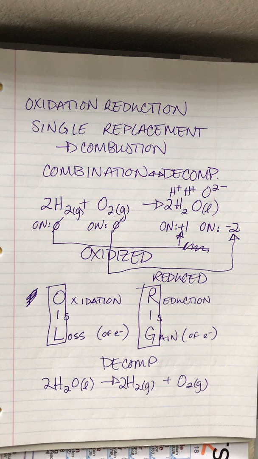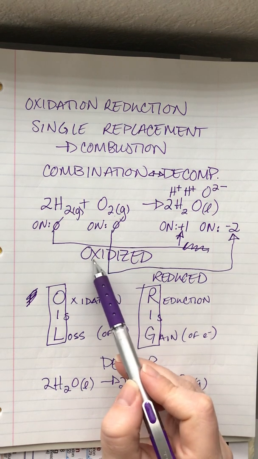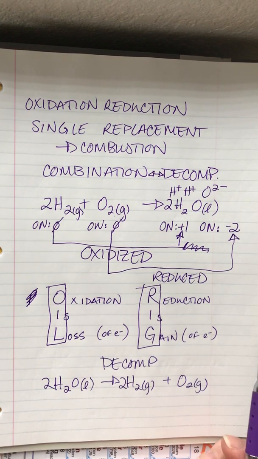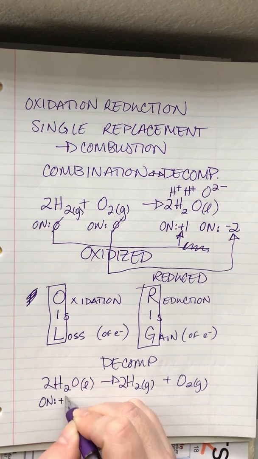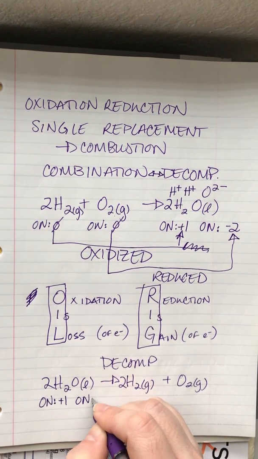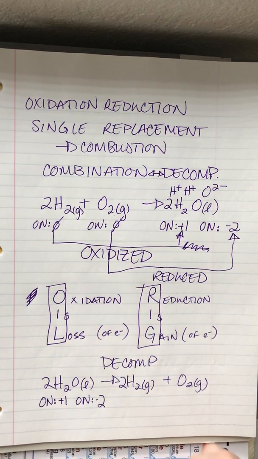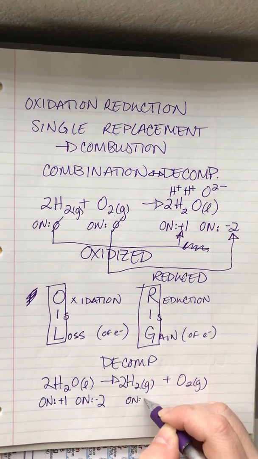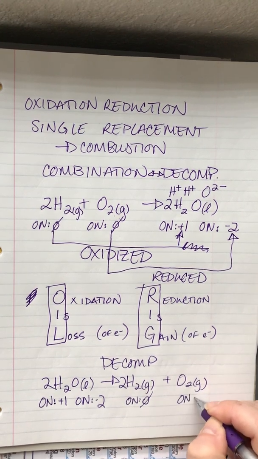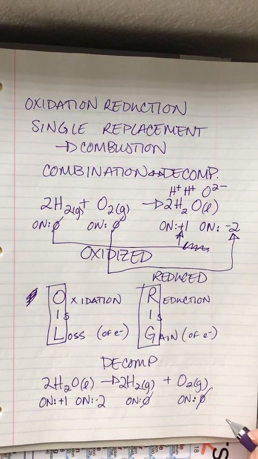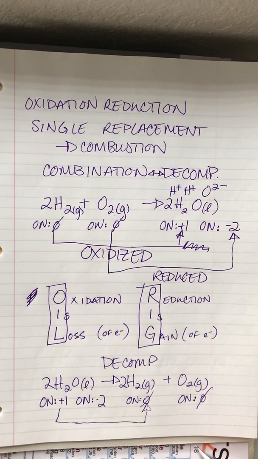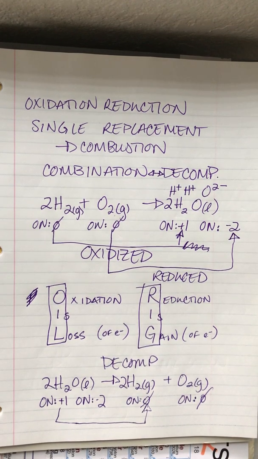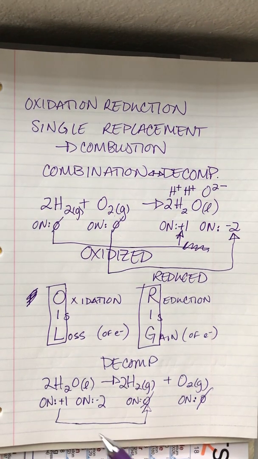So in the decomposition, we're just flipping who's being oxidized and who's being reduced, because now we have +1, -2, 0 and 0. So now hydrogen is going from +1 to 0, which is really where the number lines help, because now we're not starting at 0.